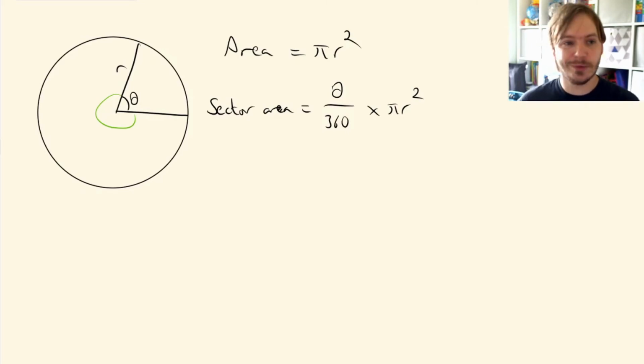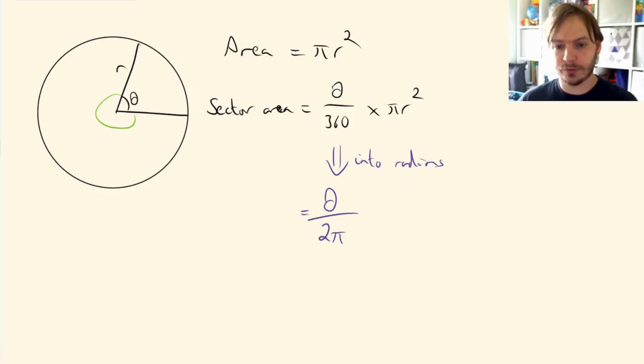Now, just like with the arc length, if I convert this from degrees into radians, then what we end up with is, instead of theta over 360, the full circle is now 2 pi. So I do theta over 2 pi times pi r squared, and you'll see hopefully quite quickly that those pi's can cancel out.